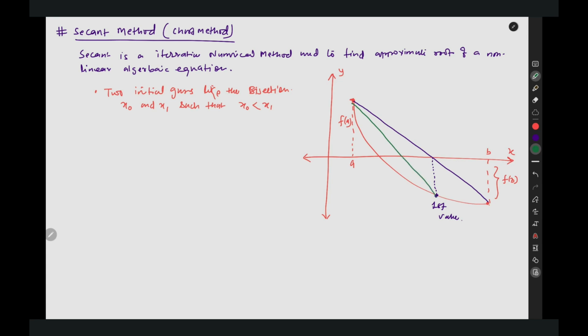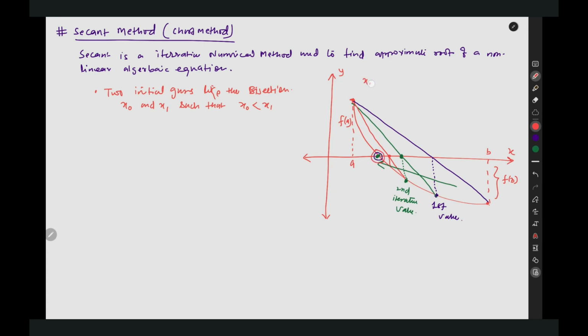Again we notice that it cuts the x-axis at this point, so we take this value as the second iterative value. Similarly, we can draw more values, and we can see slowly we are moving towards the solution of the problem, towards this point. So that's how this method works.